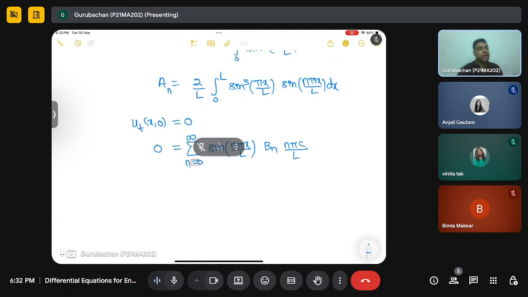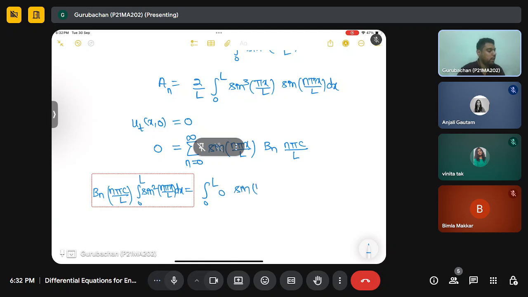So from here again we have a series and we use the orthogonal property, and by the orthogonal property we will get bn times n pi c by L times the integral from 0 to L of sine square n pi x by L dx is equal to the integral from 0 to L of 0 times sine n pi x by L dx.